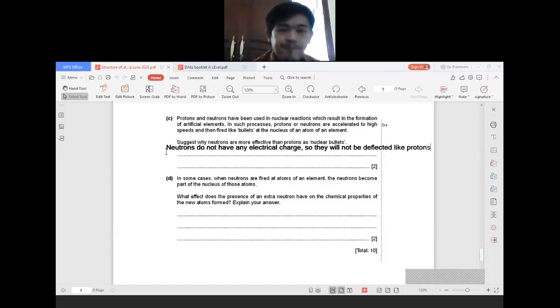Okay, and then what effect does the presence of an extra neutron have on chemical properties of the new atoms formed?